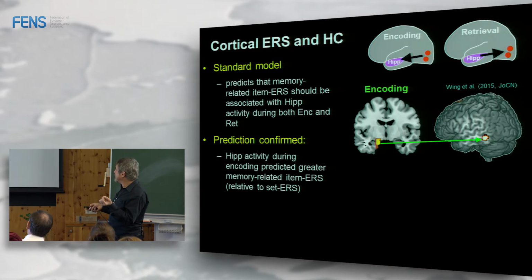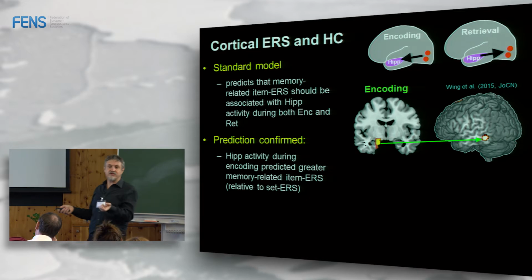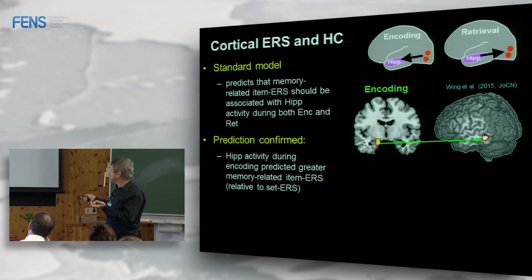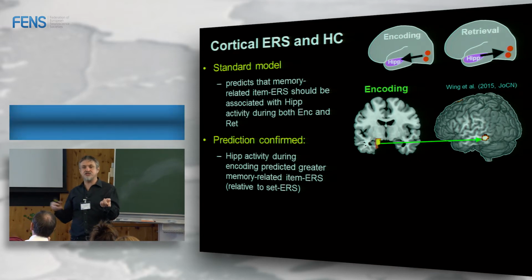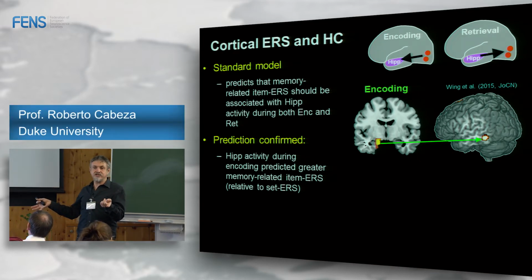In one earlier study, when we looked at regions where activity varies as a function of similarity, we found the hippocampus. In this case it was during encoding: greater activity during encoding in the hippocampus was associated with greater encoding-retrieval similarity in that occipitotemporal region.